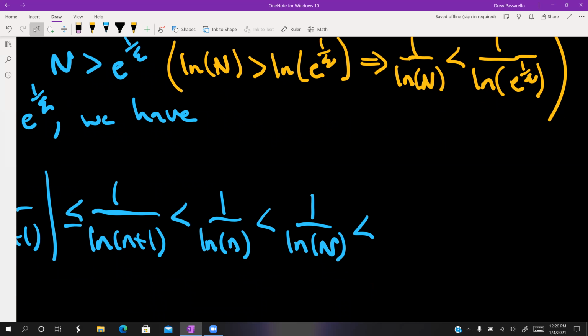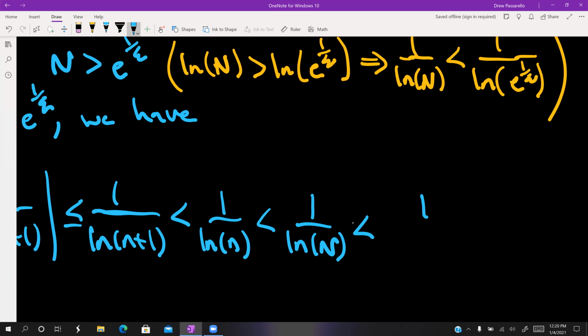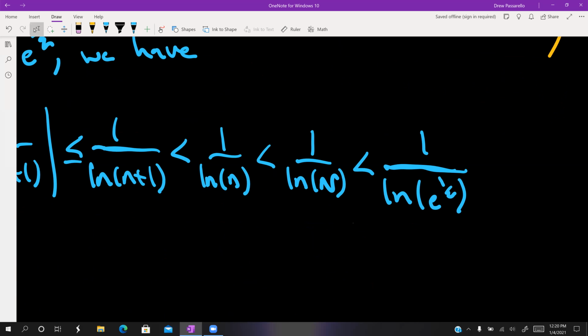Well, by logarithm rules, that's going to be equivalent to 1 over 1 over epsilon. And taking the reciprocal of 1 over epsilon gives you epsilon.